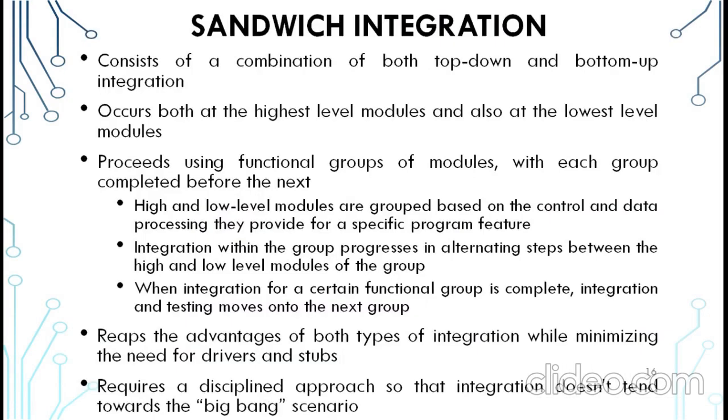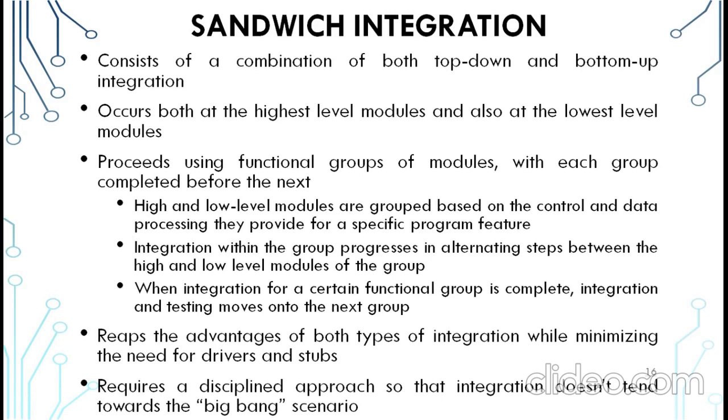Sandwich integration. The sandwich integration consists of the combination of both top-down and bottom-up integration, which occurs both at the highest level modules and also at the lowest level modules. It proceeds using functional groups of modules, with each group completed before the next one.